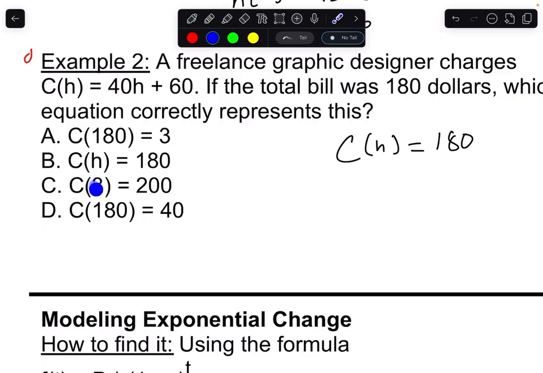Same idea here: 3 for the hours makes the cost 200? Well, 40 times 3 is 120, and 120 plus 60 is 180. So that's pretty close, and actually it looks like this one is 3; they may have just inputted it wrong. Same idea for letter A: input 180 for h, and you definitely wouldn't get 40. So in this scenario, it's just B.